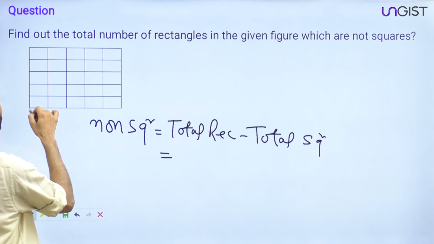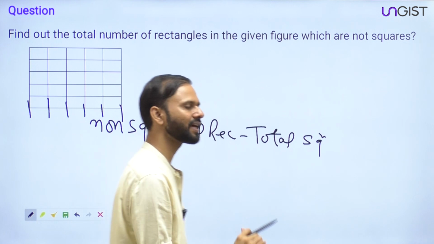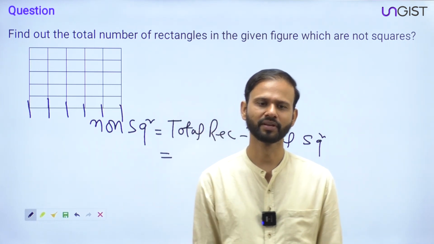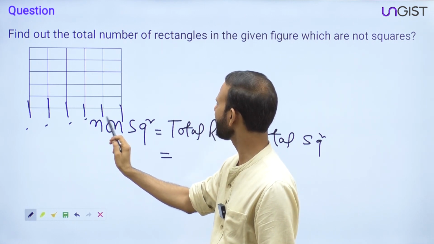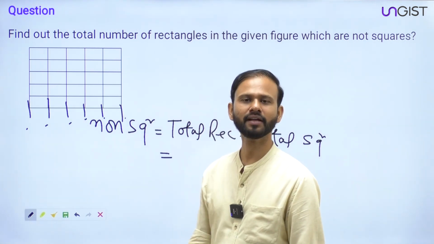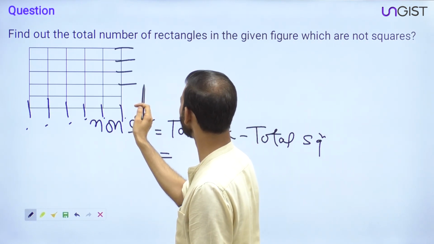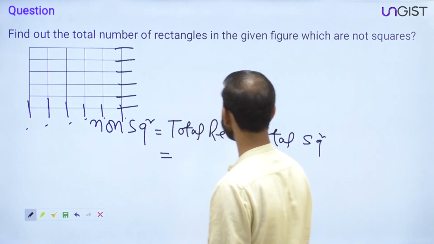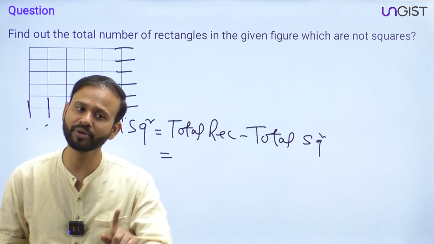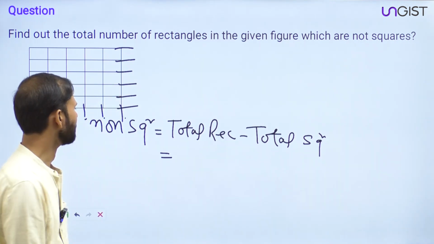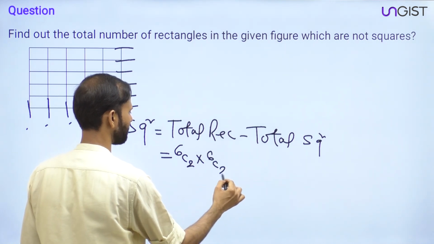How many parallel lines are intersecting how many parallel lines? This is 1, 2, 3, 4, 5, 6. Here 6 parallel lines are intersecting 6 parallel lines. So total number of rectangles will be 6c2 into 6c2, right?